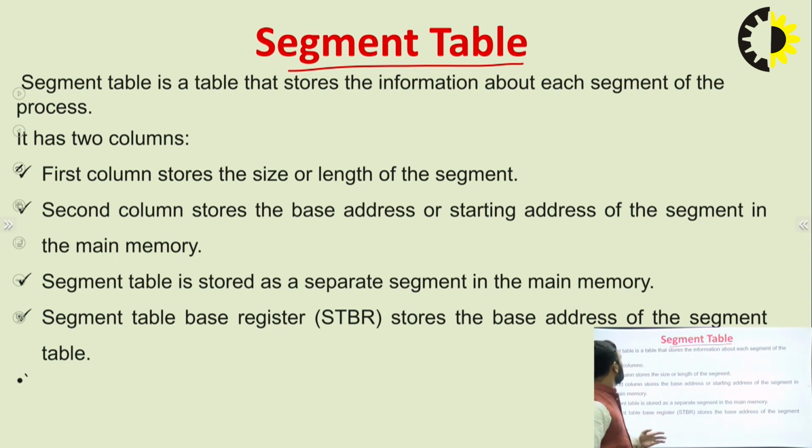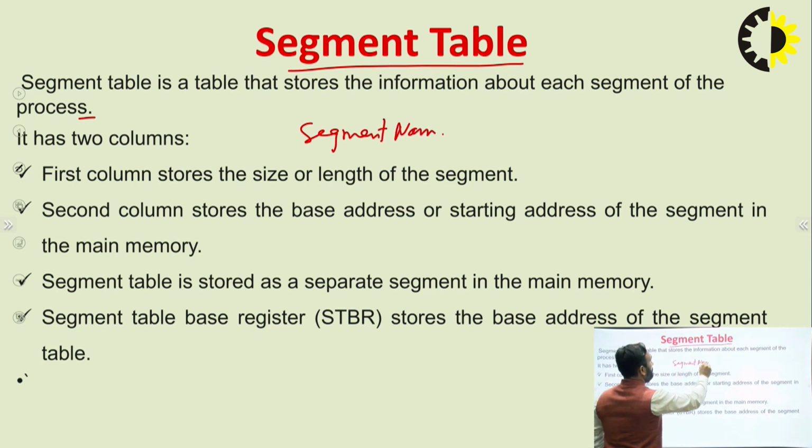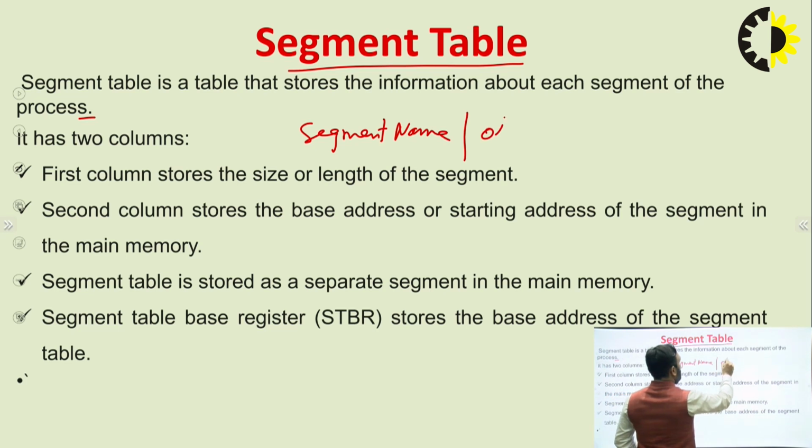I will read a few points here. A segment table is a table that stores the information about each segment of the process. It has 2 columns: segment name and offset bit.